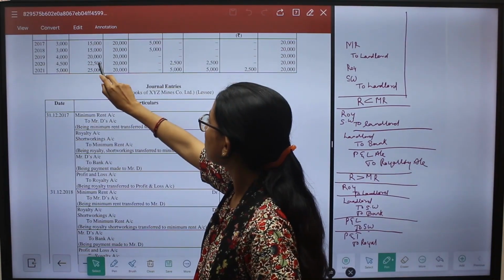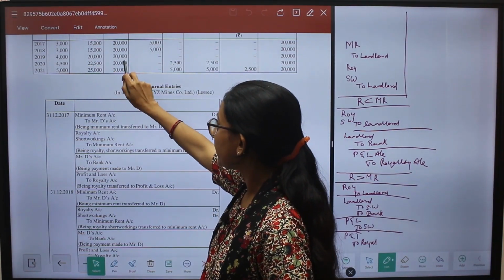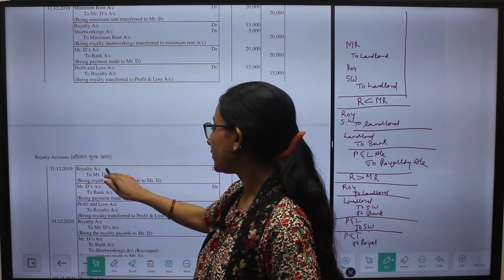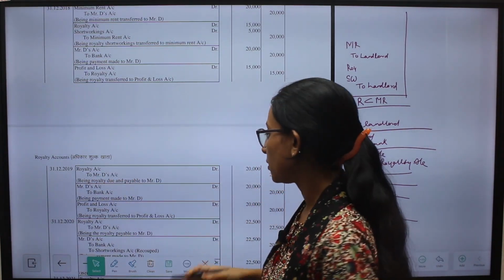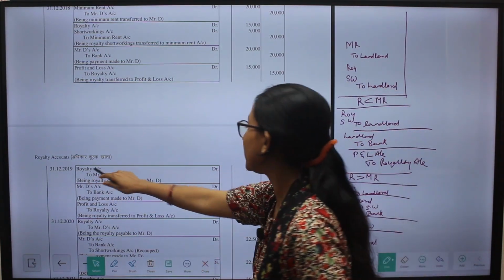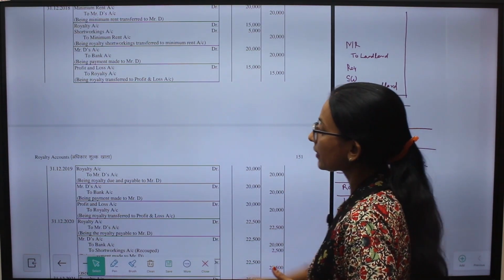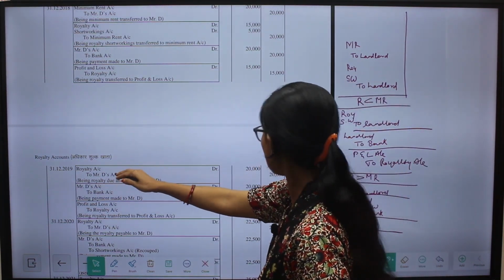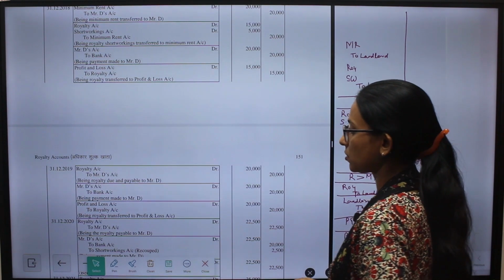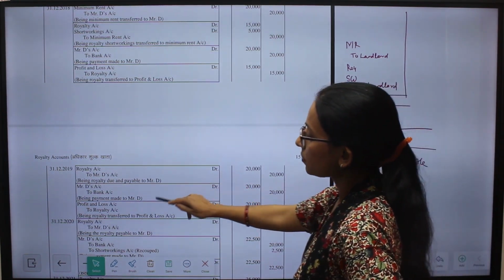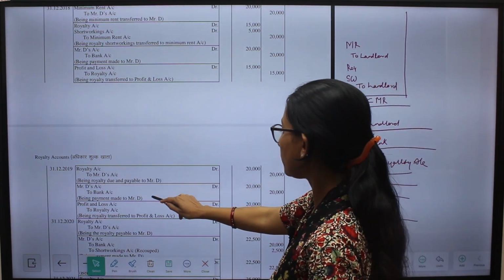Next, 2019: minimum rent and royalty earned both are equal. Royalty account debit, both amounts are the same, 20,000. So royalty will be debited with rupees 20,000, credited to Mr. D account with rupees 20,000. After the due entry, we will pass the payment entry.